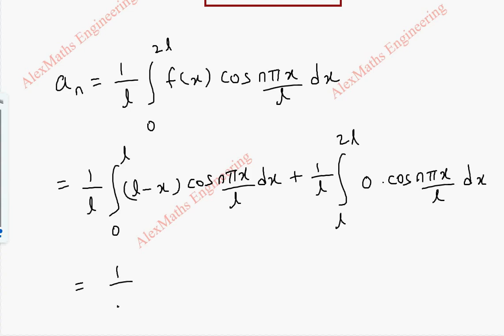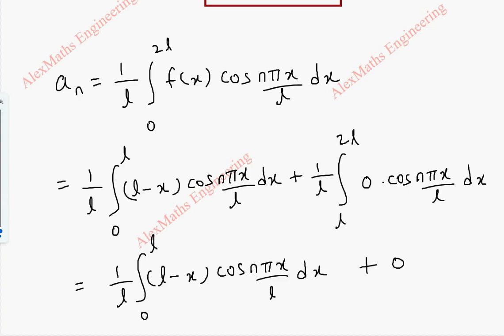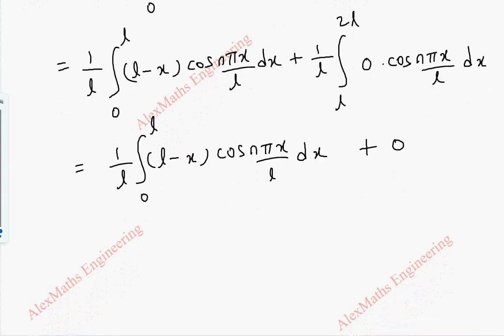Now this is 1 by L integral 0 to L minus x into cos n pi x by L dx, and second part is completely 0 because f of x is 0.